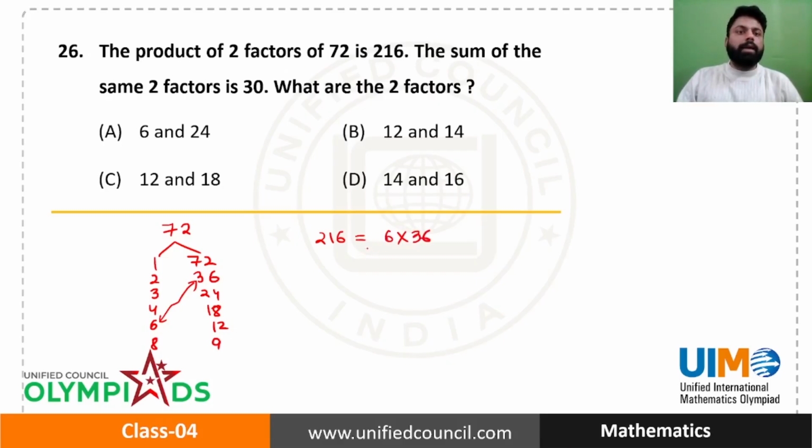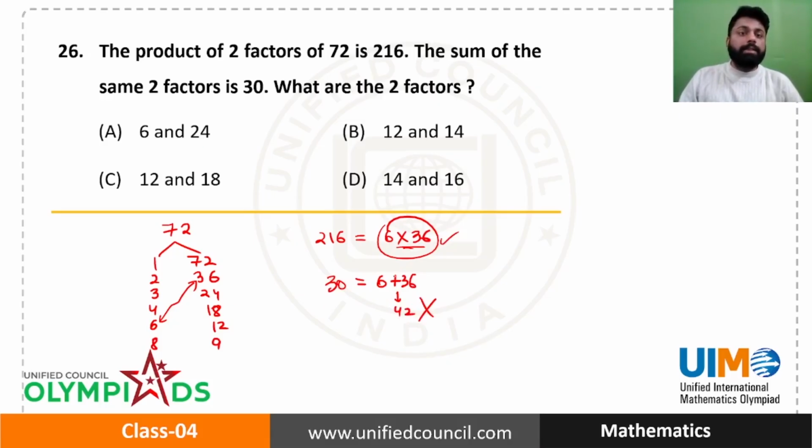The sum of the two factors is 30. We cannot take this pair because, although the product is 216, when we talk about the sum, 6 plus 36 is equal to 42, which is not equal.